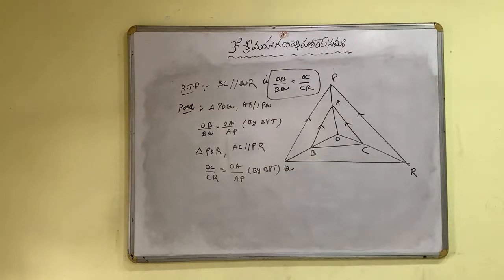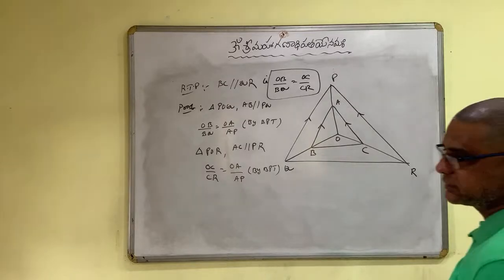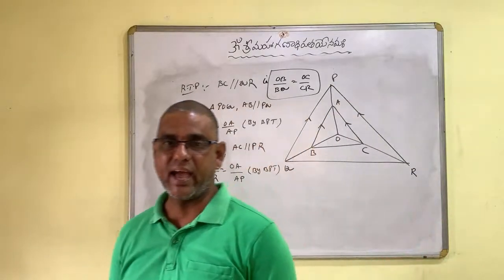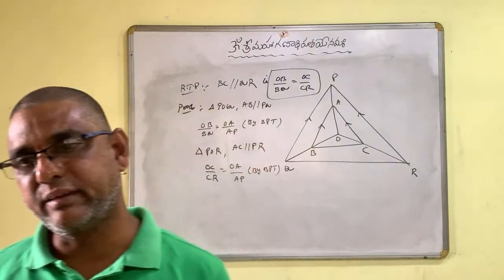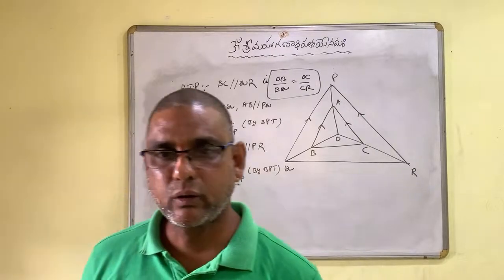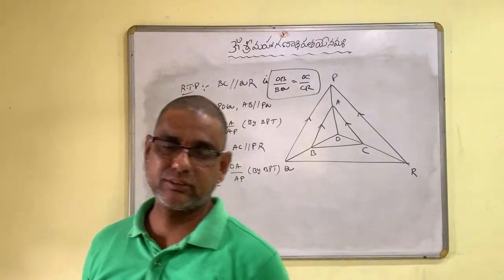Equals are equal. Equals added to equals, the wholes are equal. Equals subtracted from equals, the remainders are equal. We call these Euclid's axioms. Good.